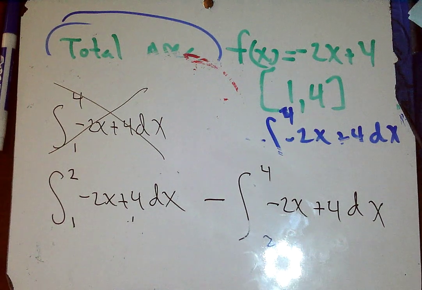So there are a number of things here that people get confused on. They confuse average rate of change and average value. They confuse the integral with total area. And they confuse all 4 of those things together. And you need to know that each of those things is asking for me to do something different, right?